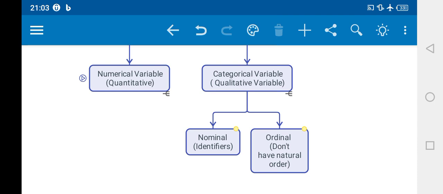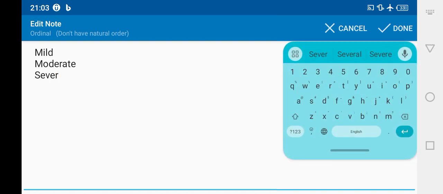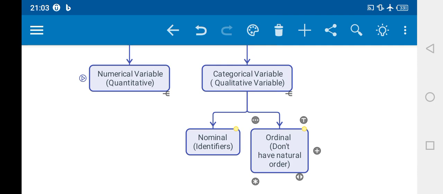So ordinal data has an order, but the order doesn't have a meaning in between. This is called ordinal data. Same like mild, moderate, and severe. So up till now we discussed that categorical data has two types, nominal and ordinal.